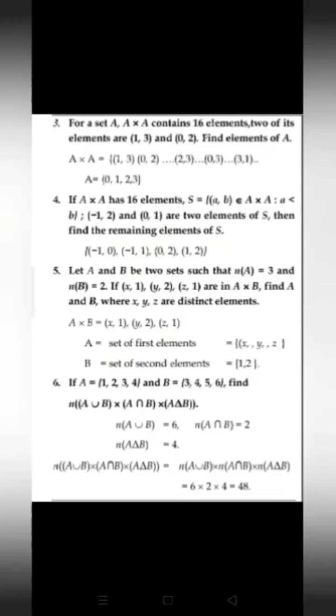Next example problem. For a set A, A cross A contains 16 elements. Two of its elements are (1,3) and (0,2). Find the elements of A. Here, what information is given?